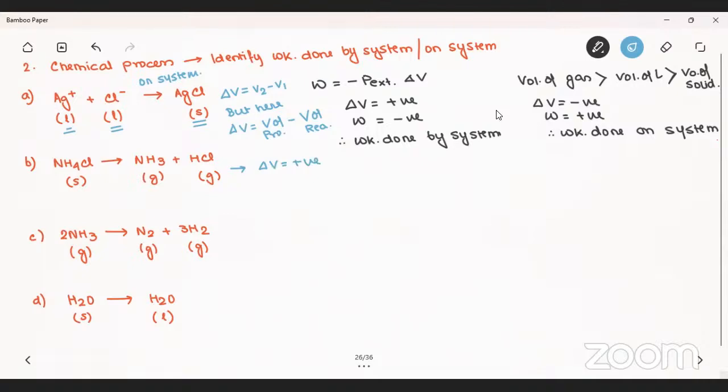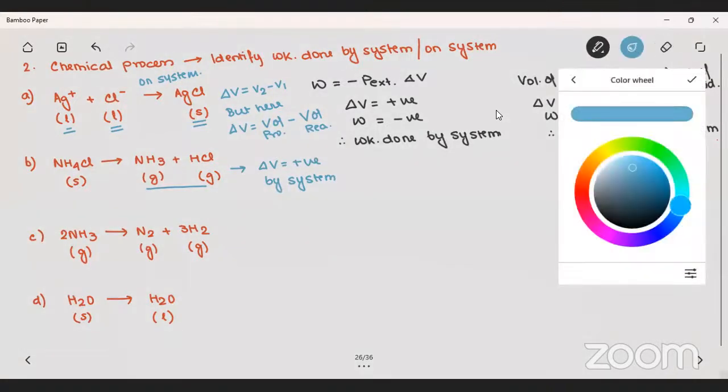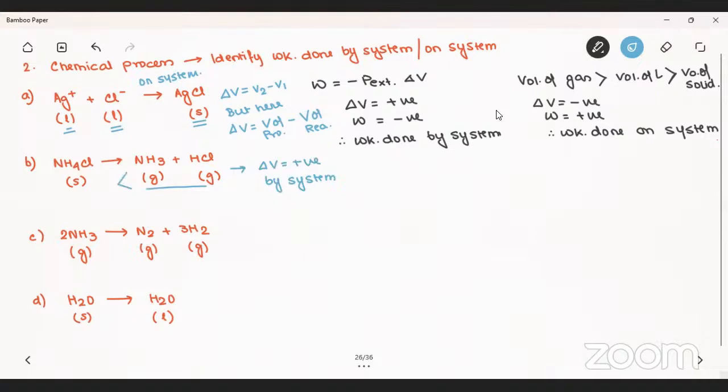So here delta V is positive, so this is work done by system. Why is delta V positive? Because this volume is greater than this. I drew it the other way around. So this volume is greater than this, right? Okay, is this question clear? Yes, ma'am.